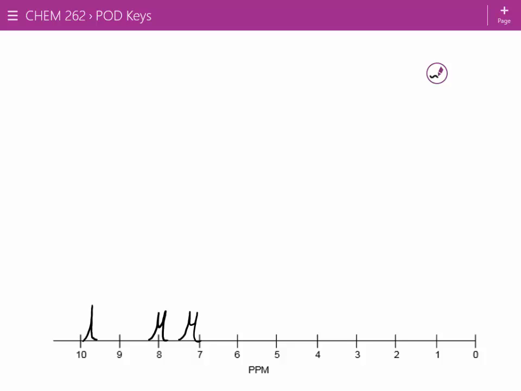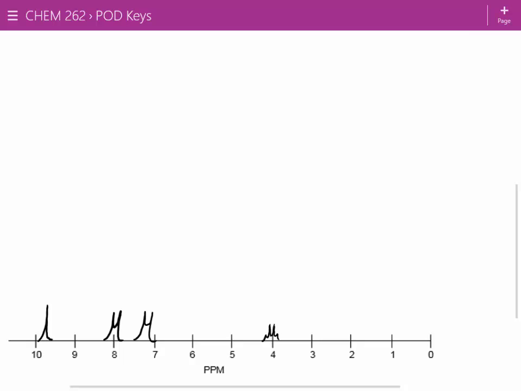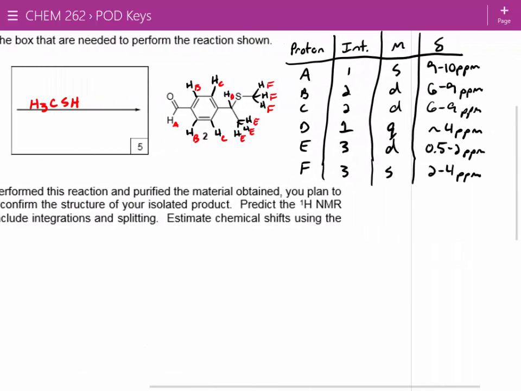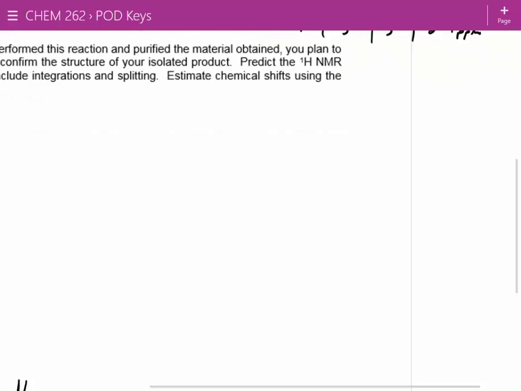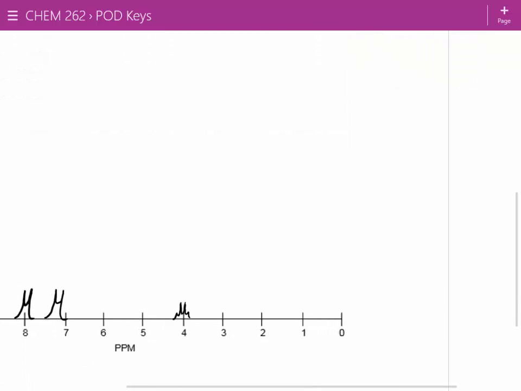All right, next one over, we should have a quartet around 4. So I'll write in this little itty-bitty quartet. We know that the quartet should integrate as 1, so the area underneath the peak for that quartet should be about the same area as the peak for the aldehyde. Does that make sense? Okay. And then the next peak, if we go up, should be around 2 to 4, and it should be a singlet. So I'll put a singlet right around 3, and it should be pretty large because it integrates to 3.